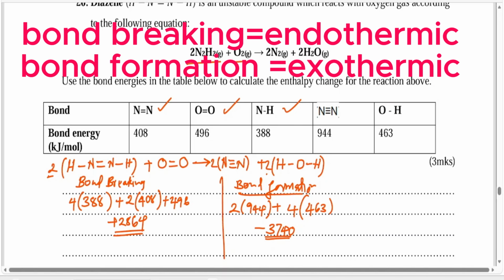So the enthalpy change is given by bond breaking plus bond formation. In this case, I have positive 2864 plus minus 3740. When I work this out, I shall obtain negative 876 kilojoules per mole.